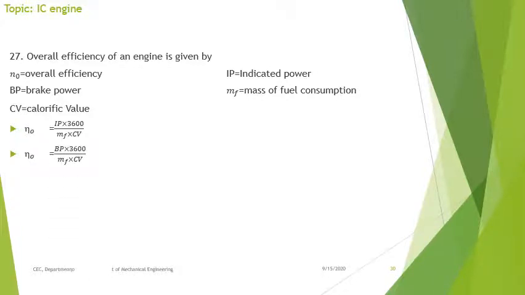Next option is BP into 3600 by MF into CV. Next one, ratio of BP to IP. Another one is IP to BP. The correct answer for this question is overall efficiency is given by IP, indicated power, into 3600 divided by MF into CV.